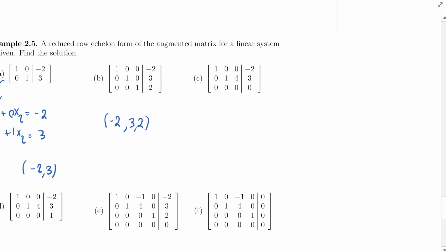Now then, I have this 4 here. Whenever you have a column that has a number that is not a leading one, this is going to be the free variable. So my x3 here is going to be the free variable.